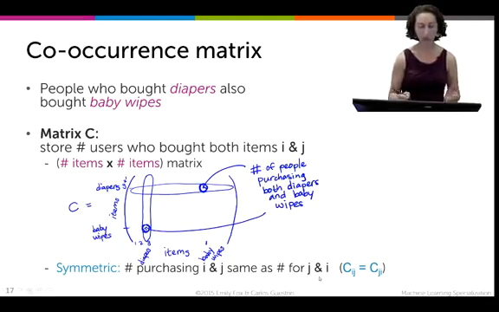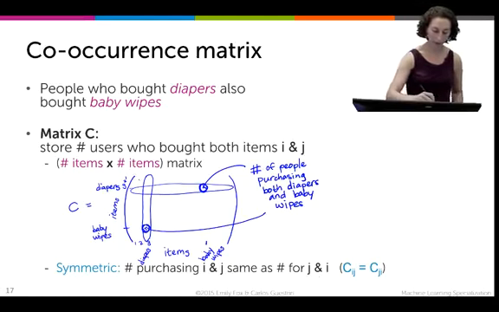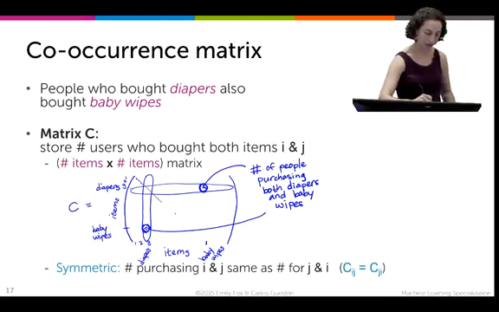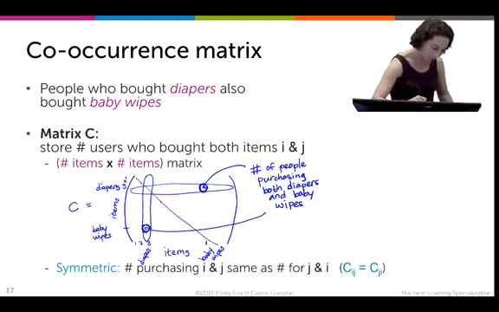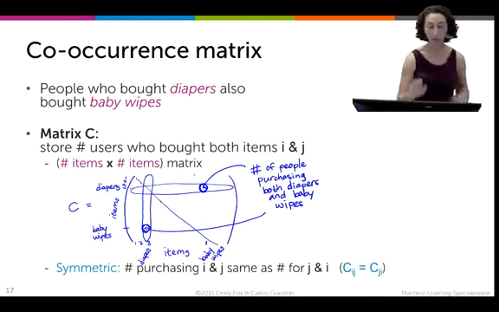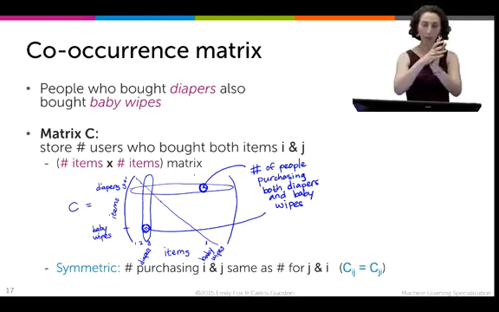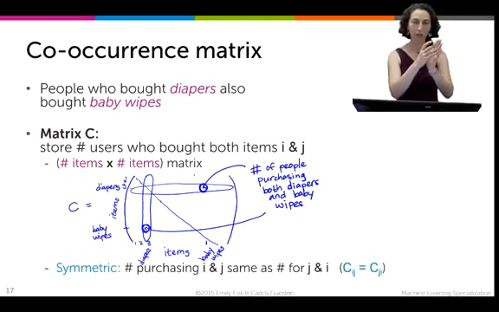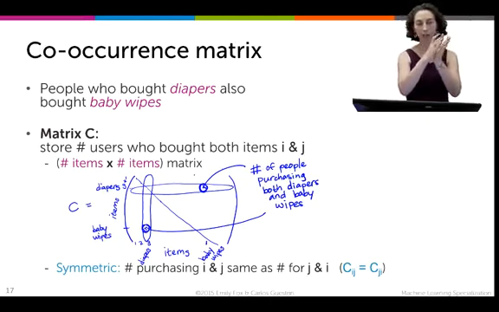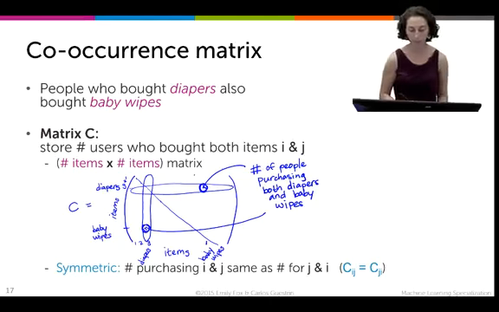Okay? And so what this means is this is a symmetric matrix, that if we look across the diagonal here, then we're going to see a reflection. If we took this matrix and folded it across that little diagonal line I just drew, you would get exactly the same numbers matching up.